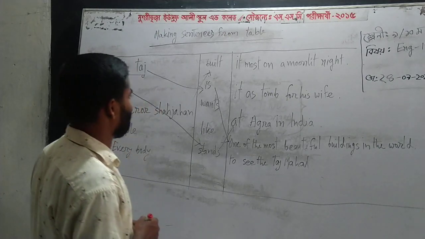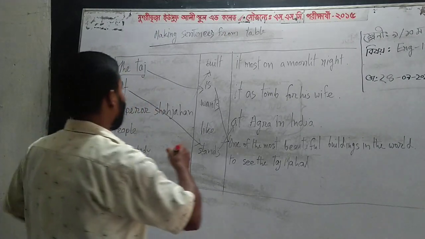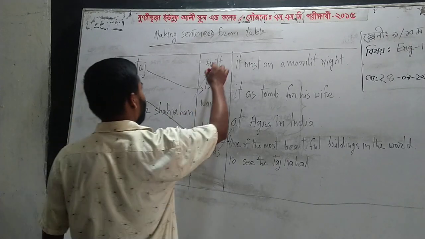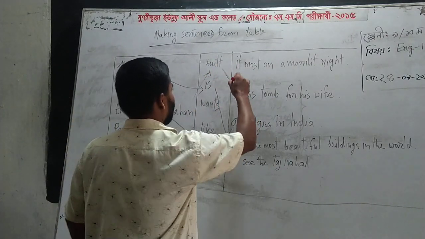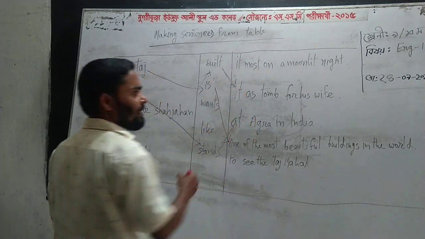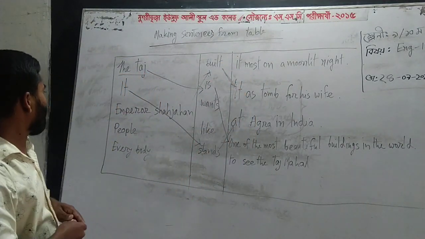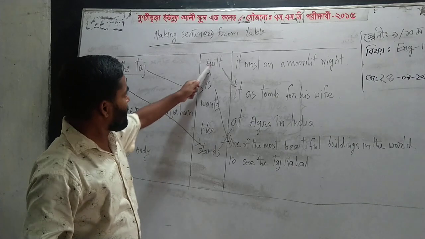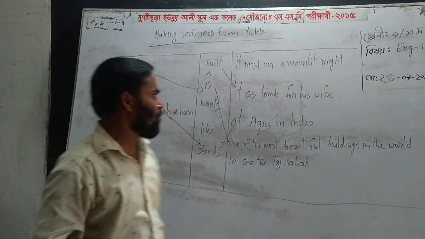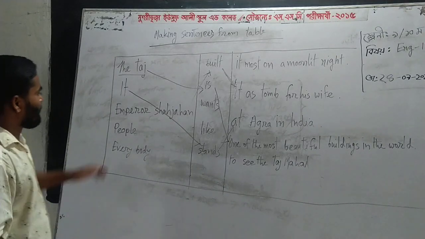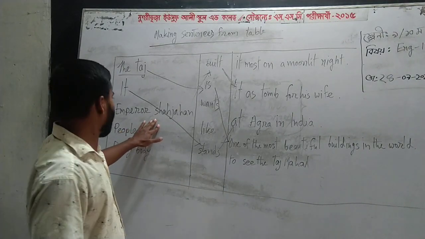So, Emperor Shah Jahan built it as a tomb for his wife. So this is also a meaningful sentence.